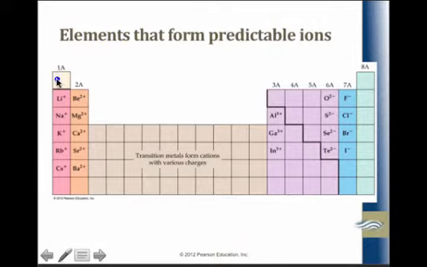We see that we can rely on column 1 to be plus 1 and column 2 to be plus 2, and column 7 is often minus 1, and column 6 is often minus 2. If you think about it, this is what it takes for these atoms to get the octet. These guys here have 1 extra in their outer shell, which when they lose it, they go backwards to become noble gas-like from the previous row.